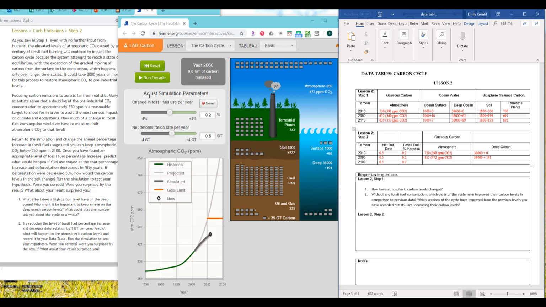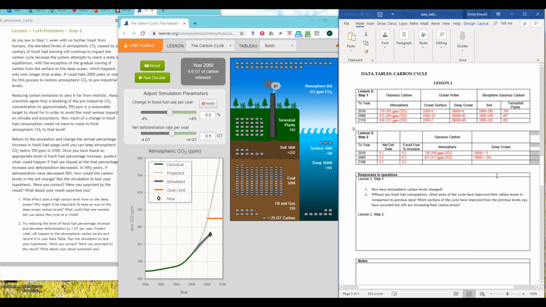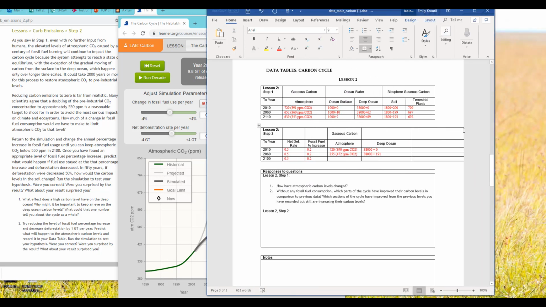Now this wants to know how the levels in the soil change. So I'm going to actually make another column. And I'm going to call it soil, since that's the thing they wanted us to look at in the first place.